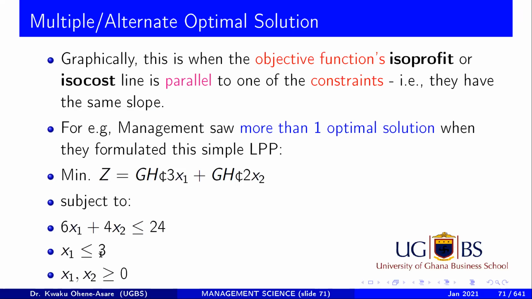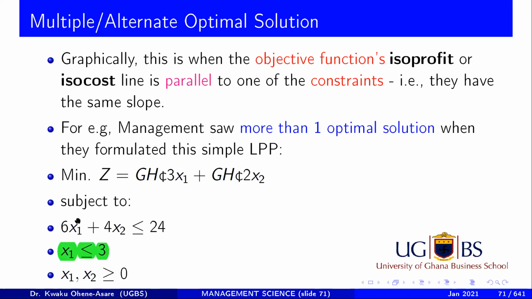X1 is 3. So if X1 is 3, let's try to find out the overall value. By the way, this is maximized. It's supposed to be maximized instead of minimized. So if X1 is 3, what will be the value of X2?